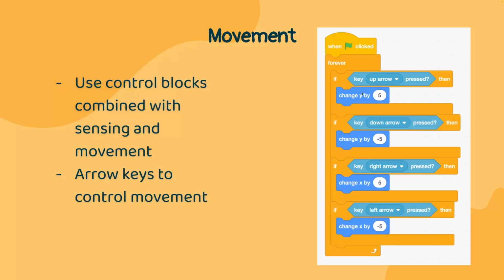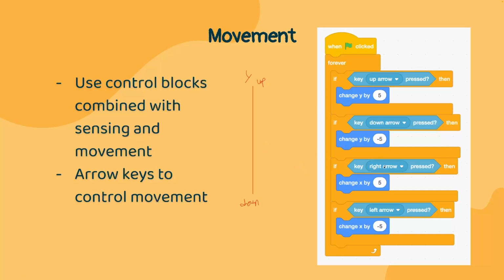The reason why we are changing the y variable in this case is because our coordinate plane's y-axis goes up and down like this, so it would control moving down or up. So in order to move up, we would just go upwards on this axis.